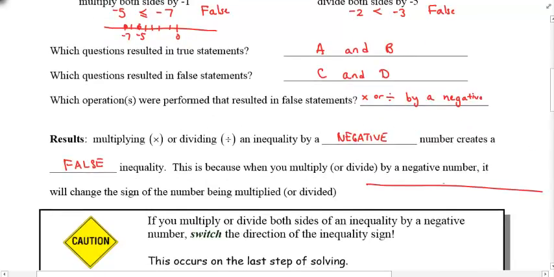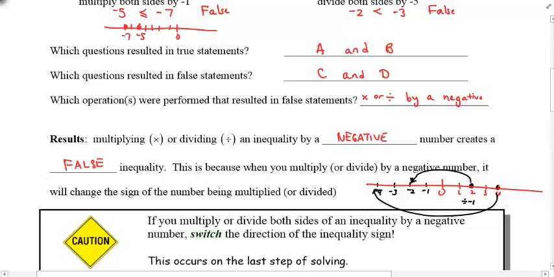Think of a number line again. Here's 0, 1, 2, 3, 4, right? These numbers here are positive, like 2 and 4, but once you divide by a negative, notice how the signs change. Now we have negatives over here, so even dividing by negative 1, the 2 becomes negative 2, but the 4 becomes negative 4, and now look at which one's to the right. Look at which one's bigger.